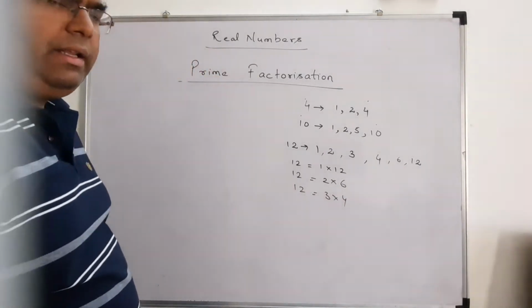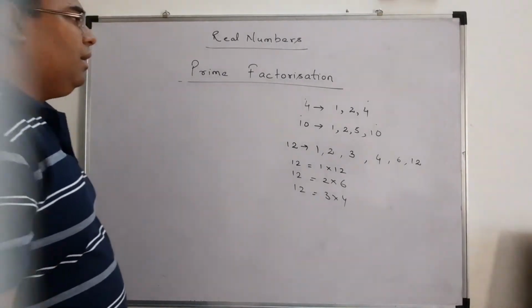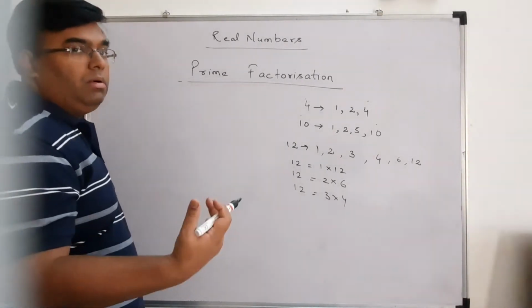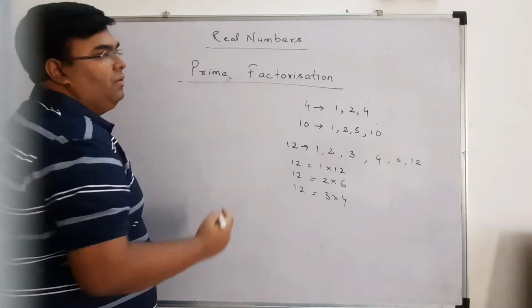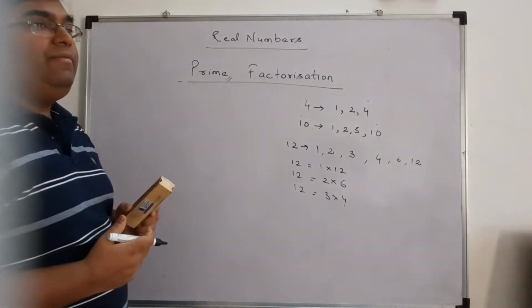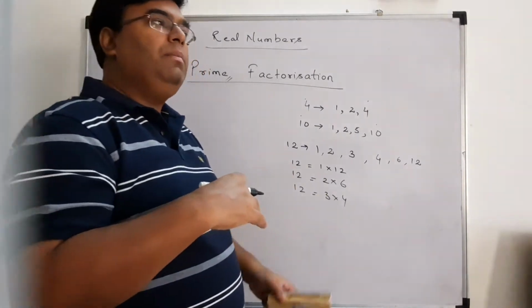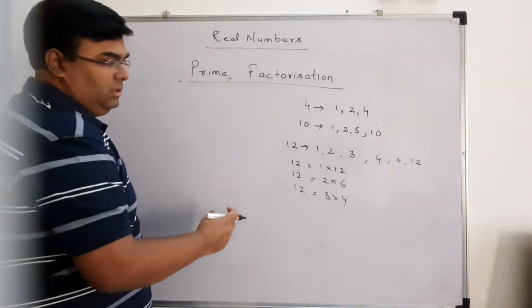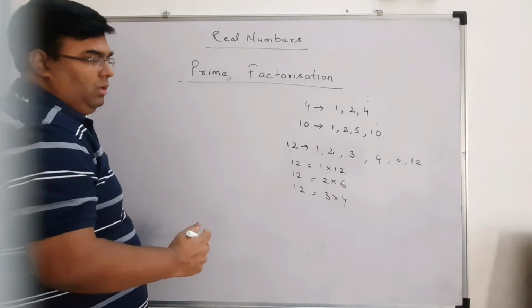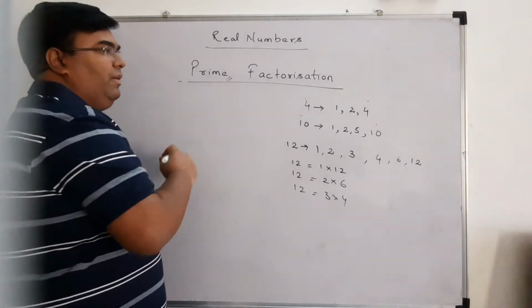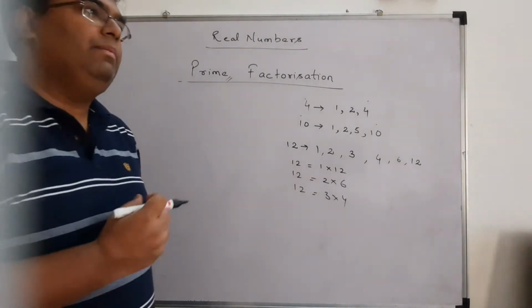Right? You can write it in any way, but we need to write our numbers in the form of prime numbers. Prime factorization is basically writing any number as a product of prime numbers. This is what? Product. So here first of all we need to understand what is a prime number.